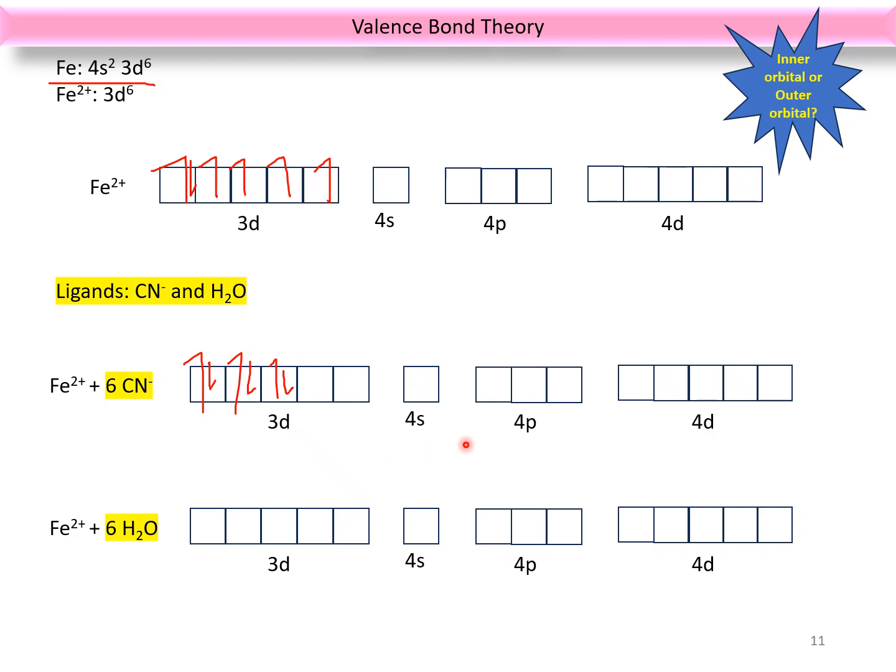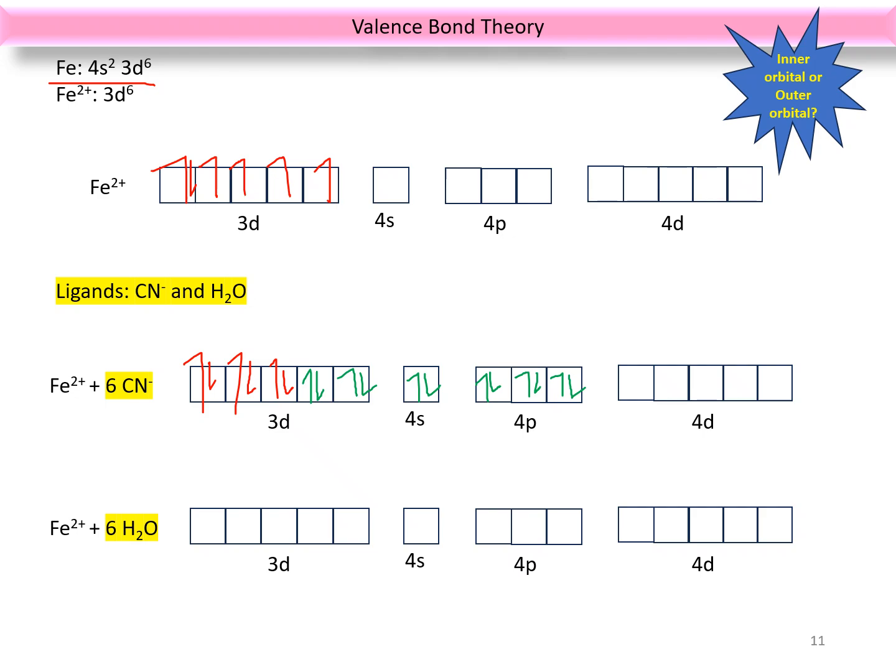The cyanide will start occupying the empty 3d orbitals. This one is from the first cyanide, this is from the second cyanide, this is from the third, this is from the fourth, this is from the fifth, and this is from the sixth cyanide.